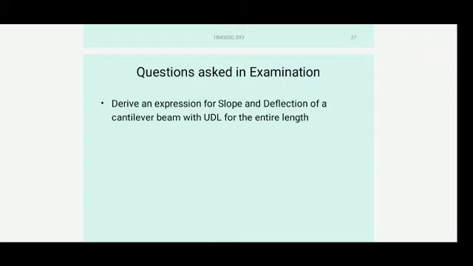These questions can be asked in examinations. Derive an expression for slope and deflection of a cantilever beam with uniformly distributed load for the entire length.